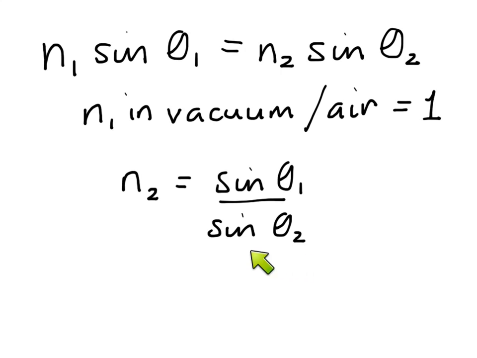And that's actually the same as the original version of Snell's law, which was sin I over sin R. But this version we can derive directly from the version on the formula sheet.